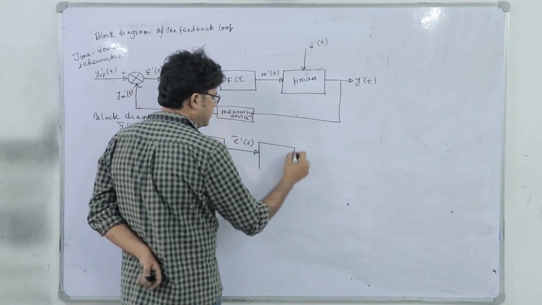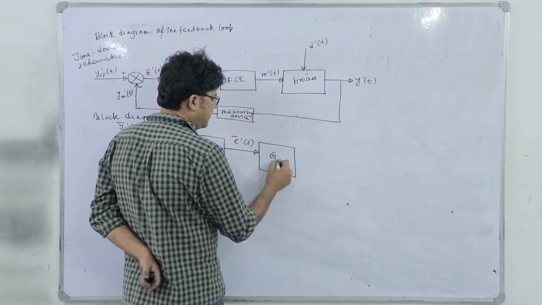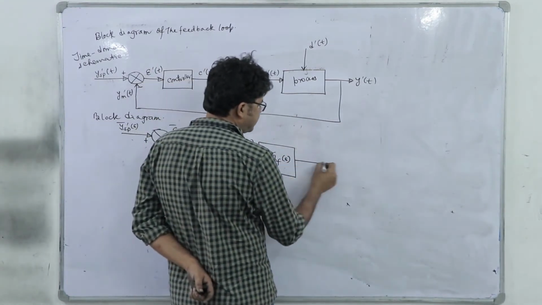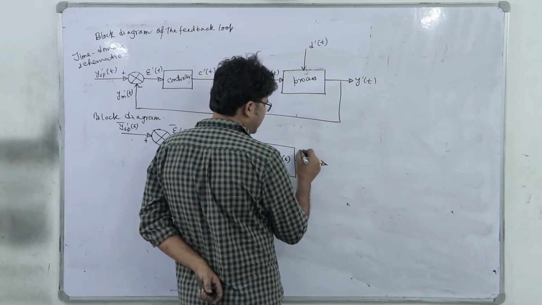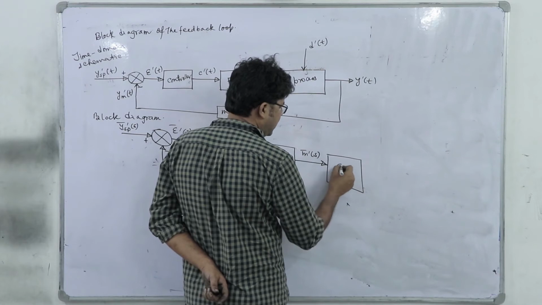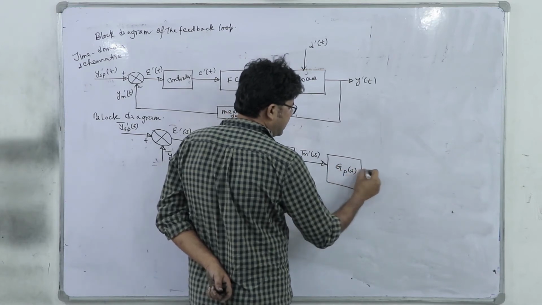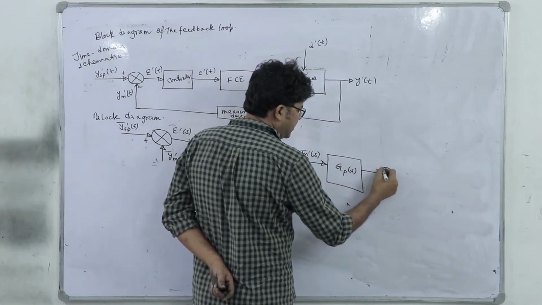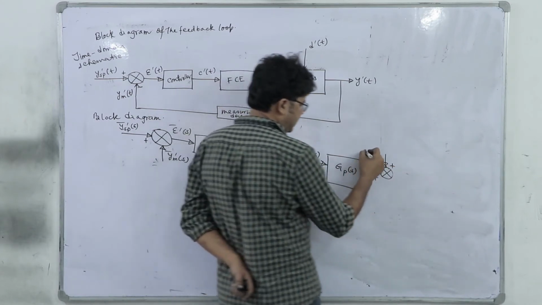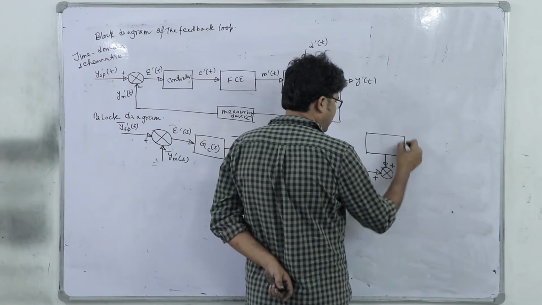This goes to GF, that is the final control element block, produces the manipulated variable M prime bar s, and here we will have the process block GPS. There will be an adder, as we have discussed for open loop.